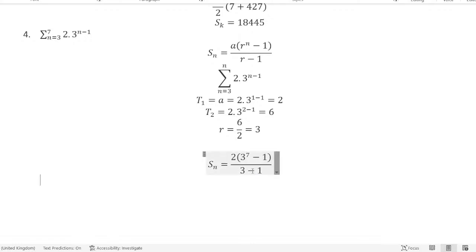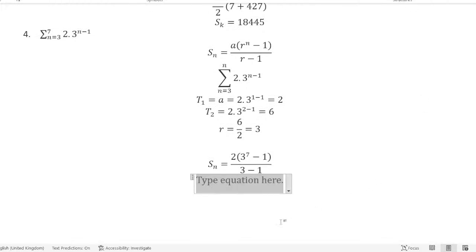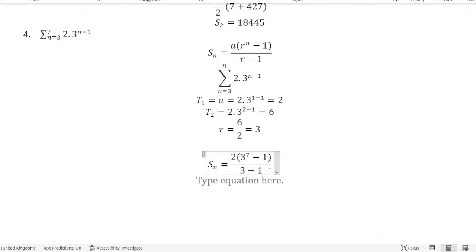So you just put all of this in a calculator. The denominator becomes 2, and the 2s cancel.